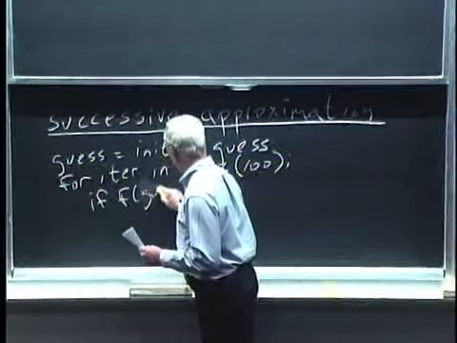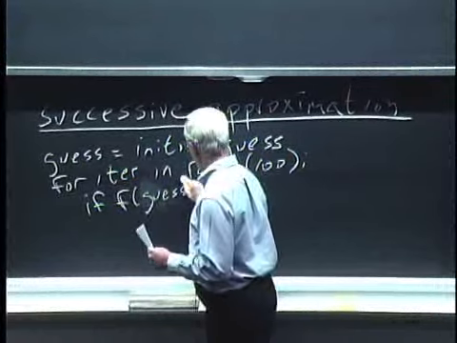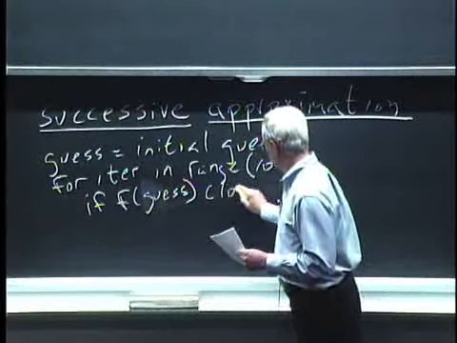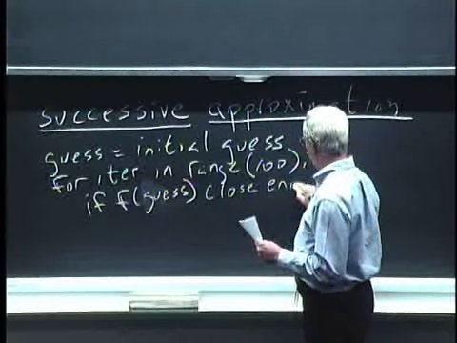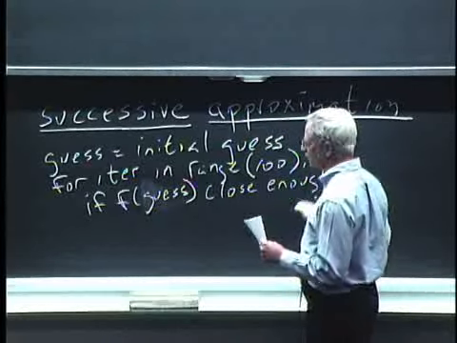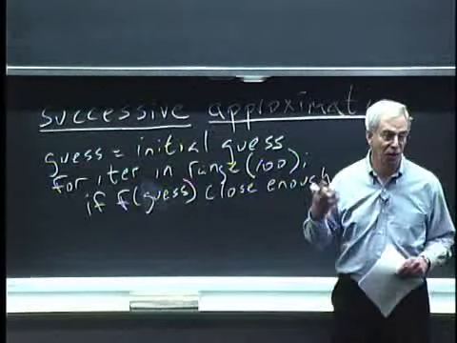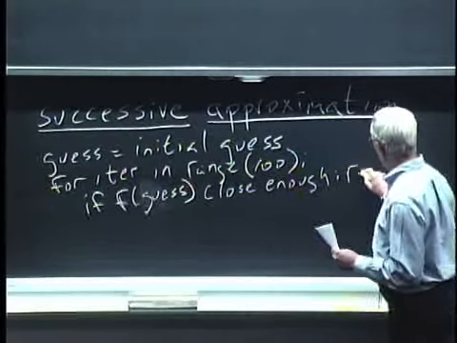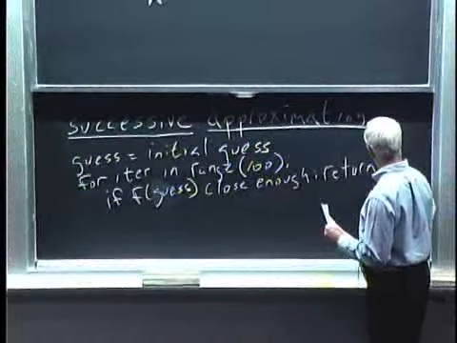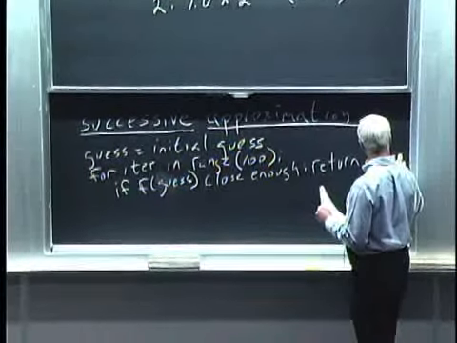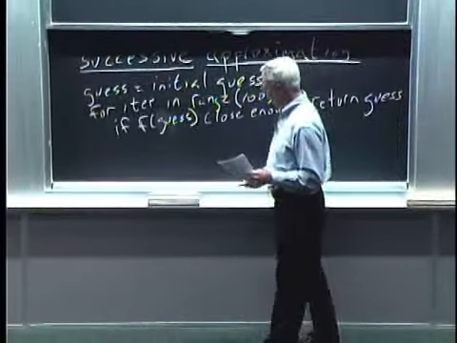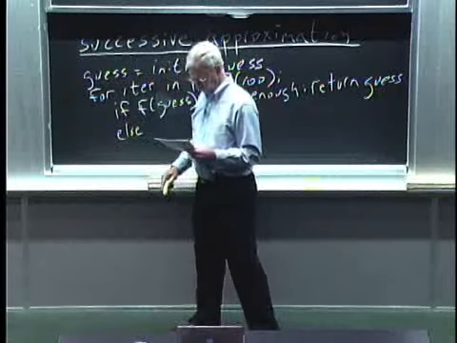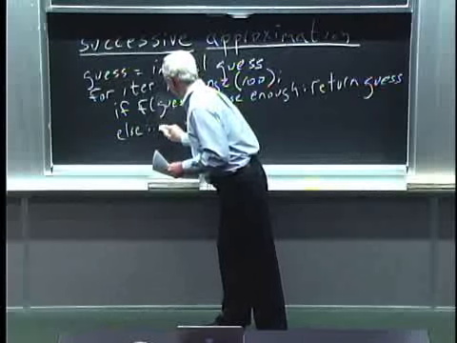If f of the guess is close enough, so for example, if when I square guess, I get close enough to the number whose square root I'm looking for, then I'll return the guess. If it's not close enough, I'll get a better guess.